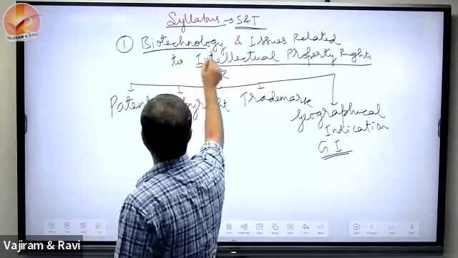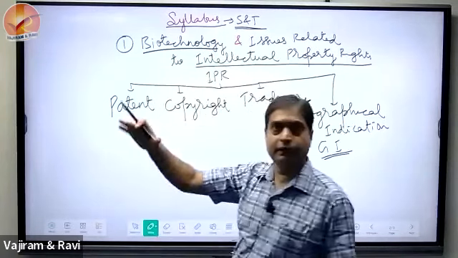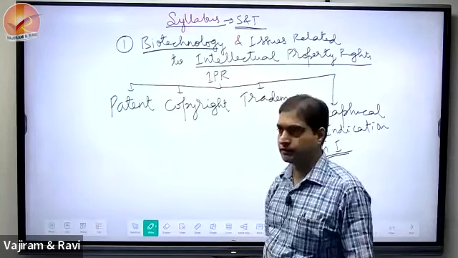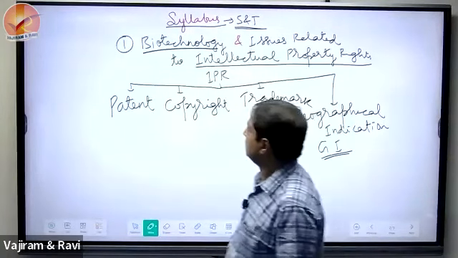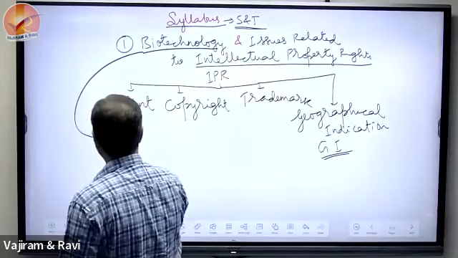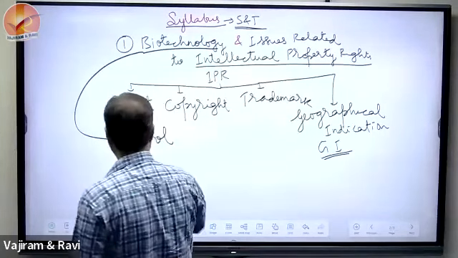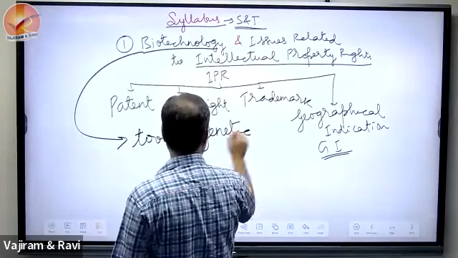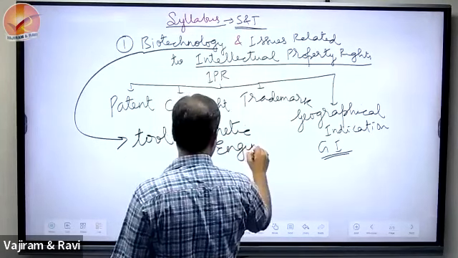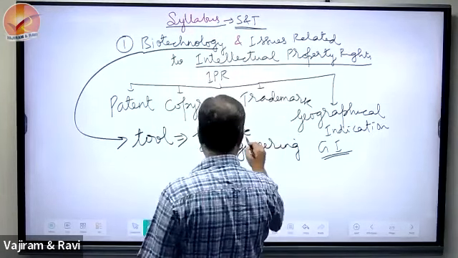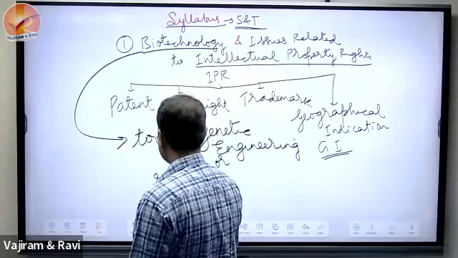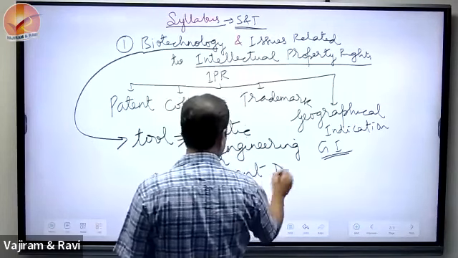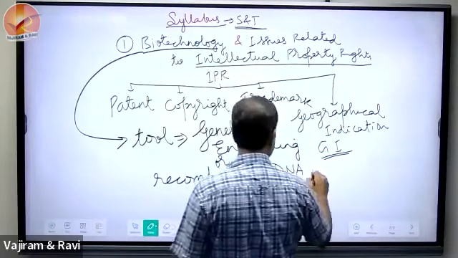Now the biotechnology chapter, there will be overlapping with the public health portion because it provides solution to the issues of public health. So the biotechnology tool or technique, we call it genetic engineering, also known as recombinant DNA technology.